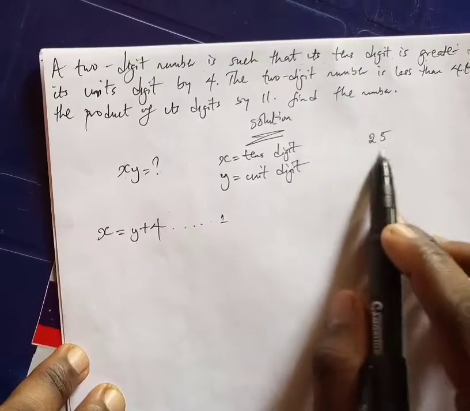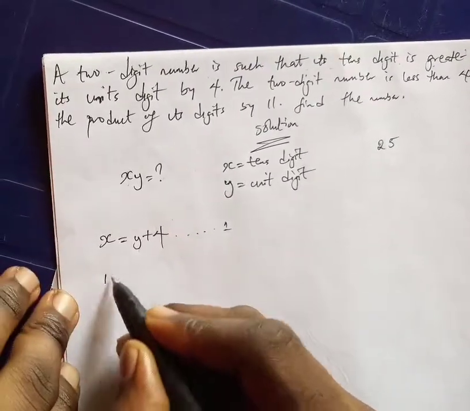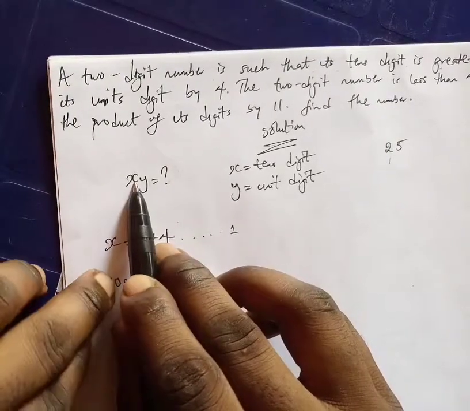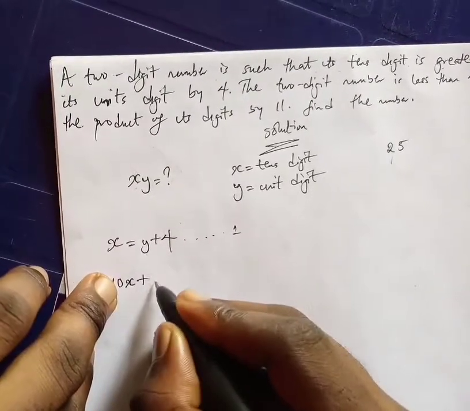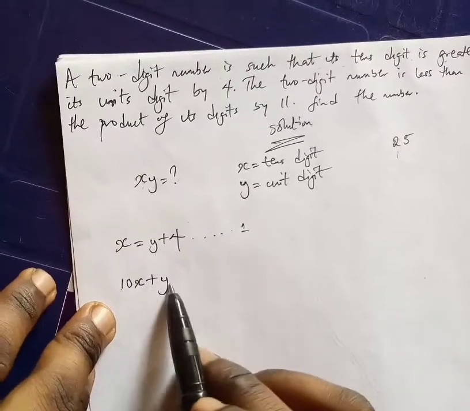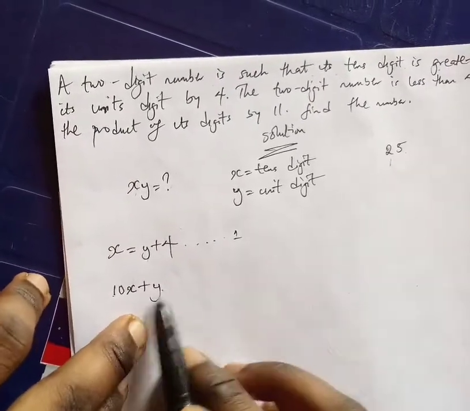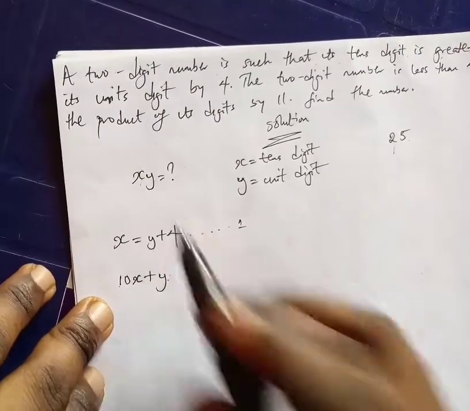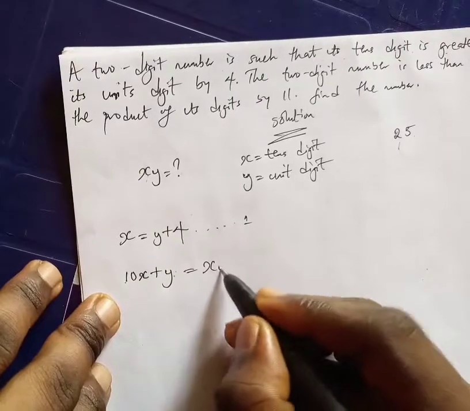So the only way I can represent this is by saying 10 times 2, in this case 2 is x, plus y. So 10 times 2 will give me 20 plus y, which is 5, will give me 25. So this is a better way to express this.